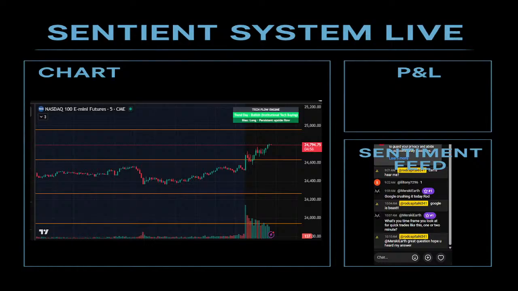All right, so look, we got a doji here. Got a doji here at this level. So this is where I want to be careful.